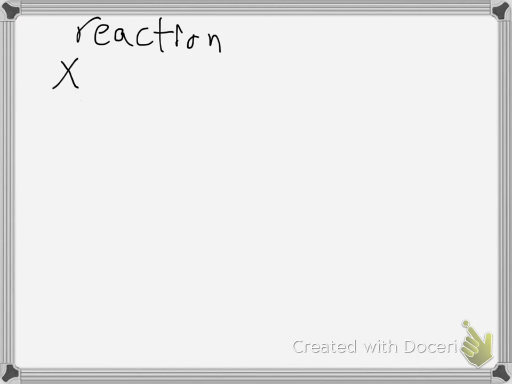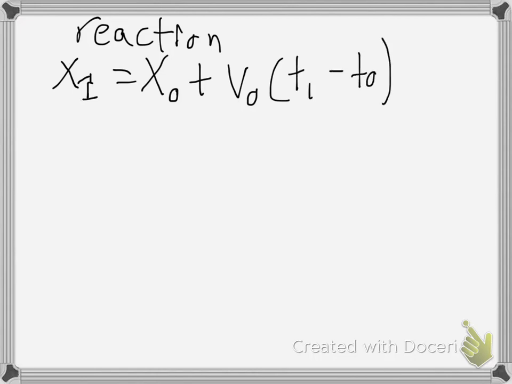So we can adapt the second kinematic equation to look like this, where v0 is going to be our initial velocity, and then that change in time from t1 to t0, that's the time of braking. That would be the 1/2 of a second. So this is how we can find the position of the car at x1.